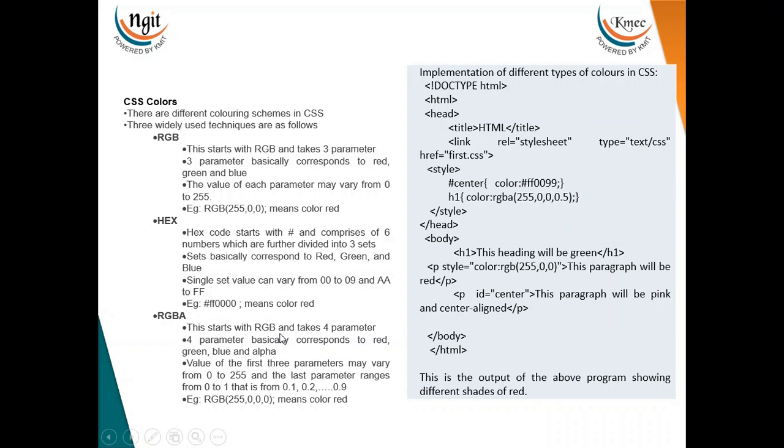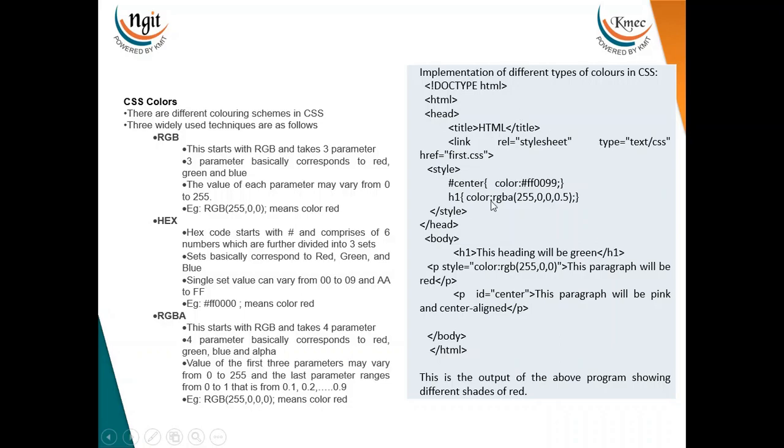And RGBA starts with RGB and takes 4 parameters, where A stands for alpha: red, green, blue, and alpha. The value of the first 3 parameters may vary from 0 to 255, and the last parameter ranges from 0 to 1, that is 0, 0.1, 0.2, like that. It goes like this. So here is an example RGB, this means the color red.